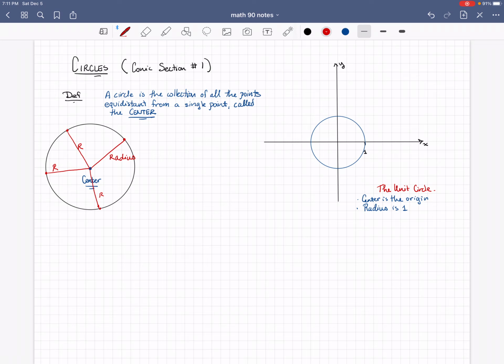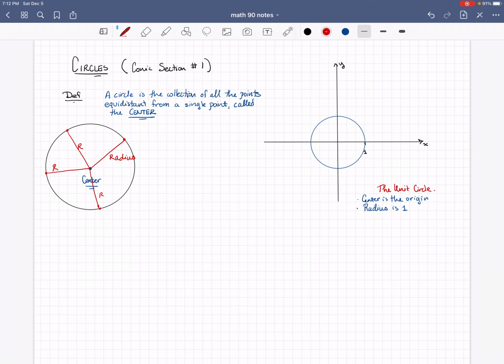So my question to you is, to start this conversation about circles, what is the equation of this circle? In some sense, this is going to be the marriage of everything we've talked about this semester. If you have a curve, what does it mean to talk about its equation? It means to come up with an equation so that if a point is on the circle, it satisfies the equation. And if it's not on the circle, it does not satisfy it.